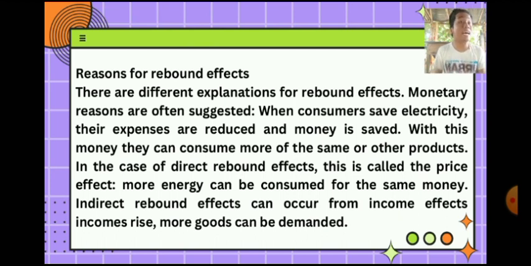With this, kanang imong kwarta na tigom, you are using that to utilize other products or things that consumes energy, and that is a direct rebound effect. And when it comes to the indirect rebound effects, can occur from income effects, income rise, or more goods can be demanded.